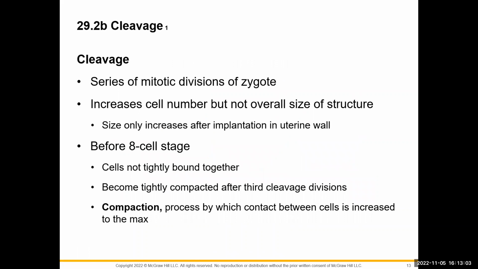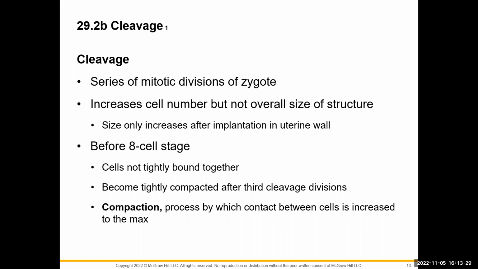So now we've completed fertilization and we have a zygote. Now we're done with meiosis, so we don't have to worry about that, not that we were worried to begin with. Now we're going to see a series of mitotic divisions, where we have one cell, then 2 cells, then 4 cells, then 8 cells, then 16 cells.